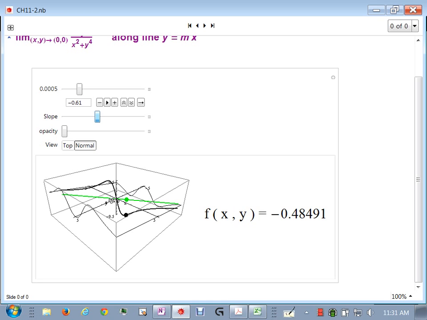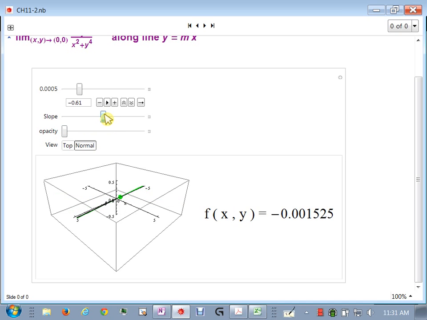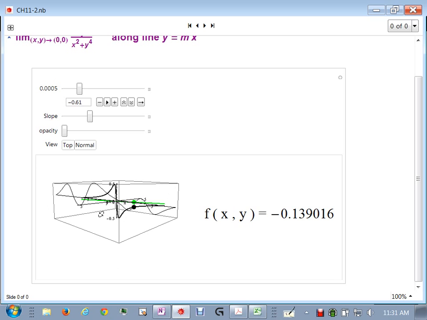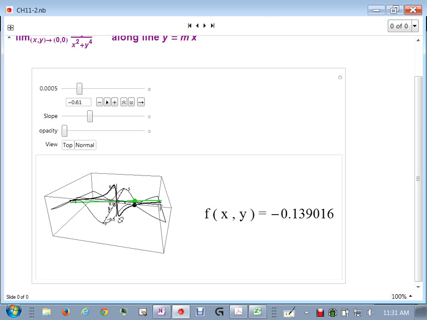Now, if I rotate the line, does it change? Does it look like it changed at all? Do those black ones still look like they're doing something and then eventually go into the origin? Yeah, it looks like no matter what I use, it's going to do it.